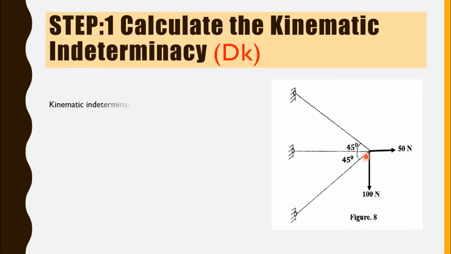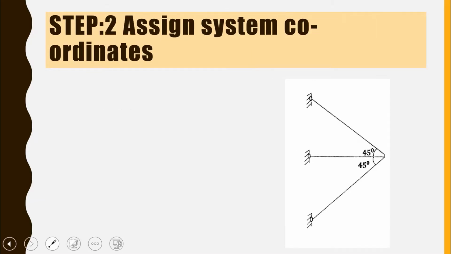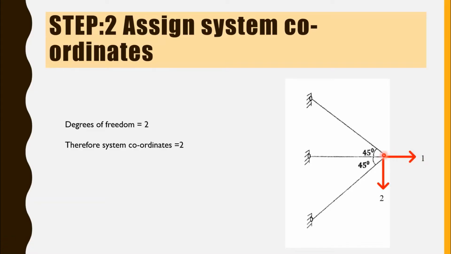So the total kinematic indeterminacy of this structure is 0 plus 0 plus 0 plus 2, which is equal to 2. Since we have 2 degrees of kinematic indeterminacy, the number of system coordinates will be 2. So we will assign 2 system coordinates, one in the x direction, another in the y direction.